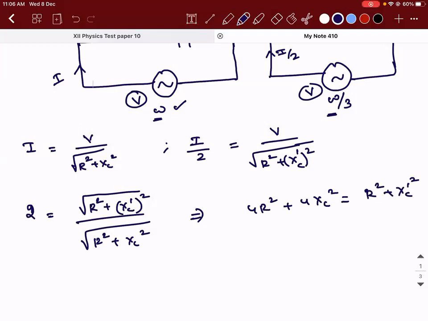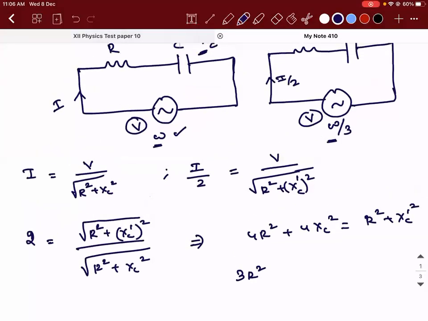Correct? So what is the value of XC dash? Is there anything that is getting cancelled? So 3R square. XC dash square as 9XC square. Why 9XC square?